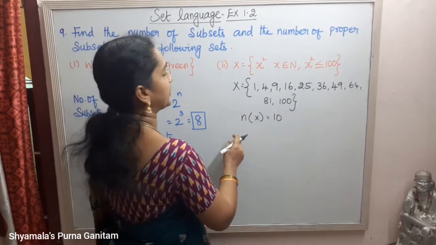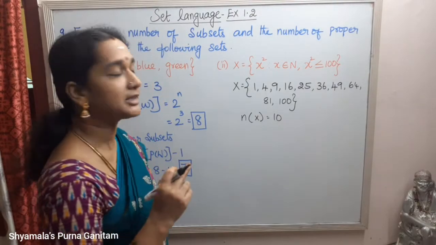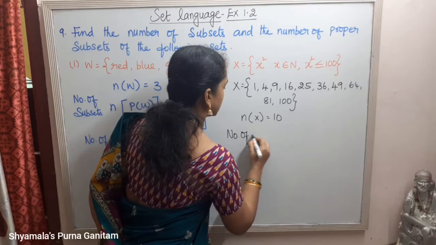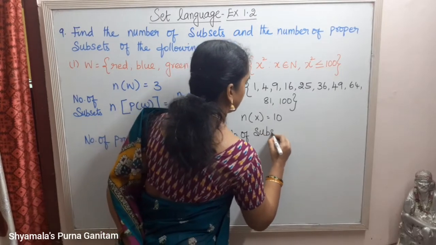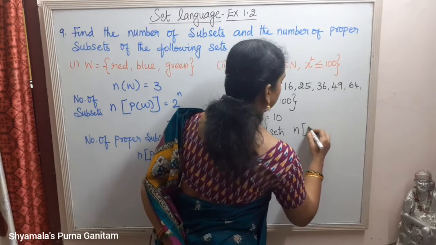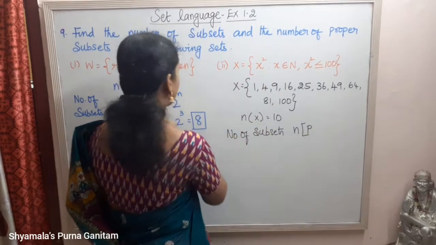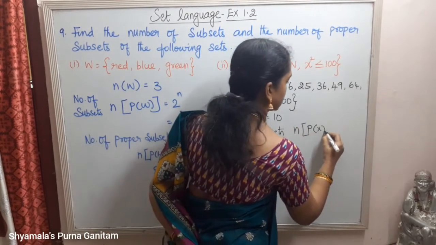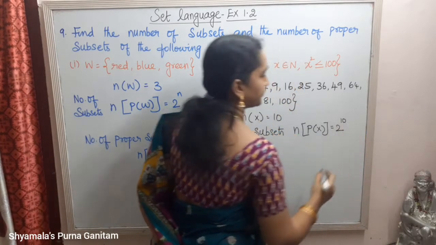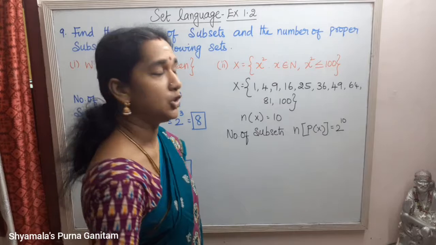Okay, so now we will find the number of subsets for this set. The number of subsets is n of P of X, which is equal to 2 power 10. So 2 power 10 you have to multiply.